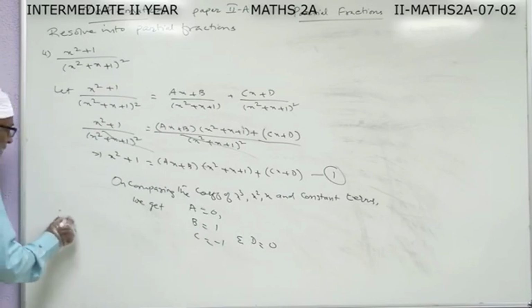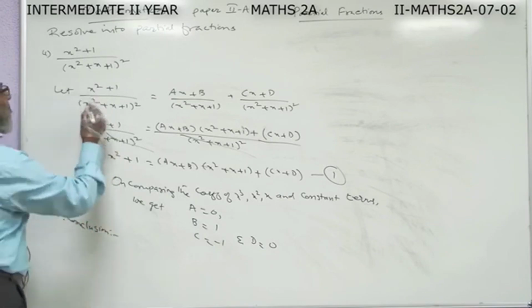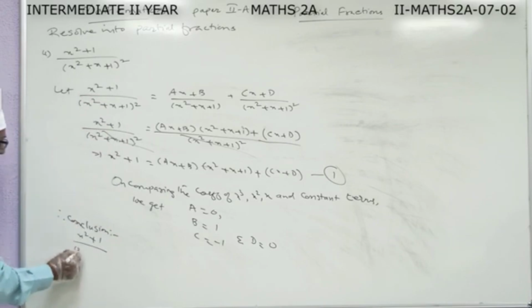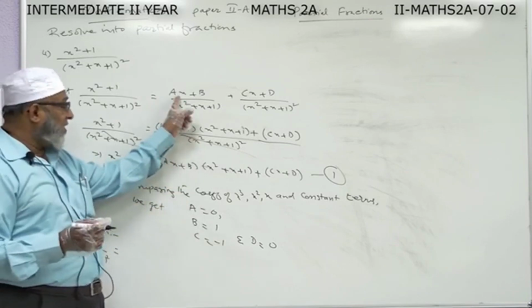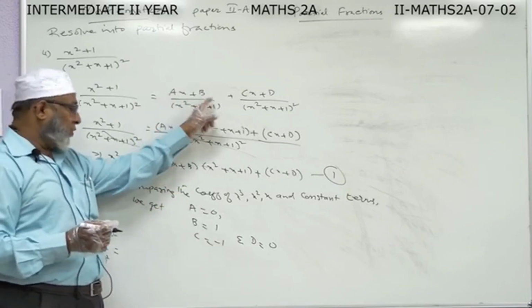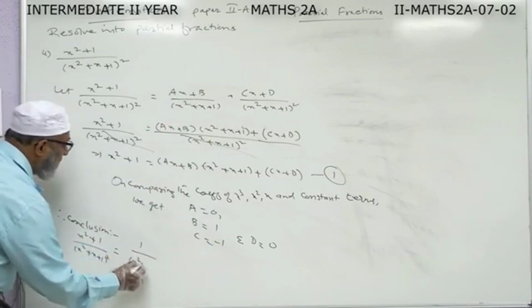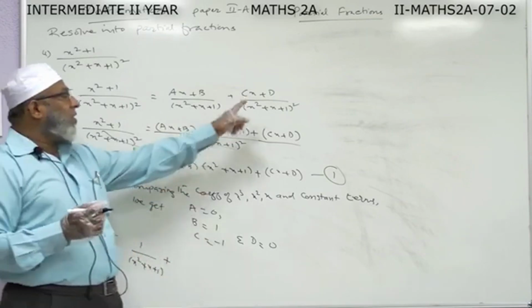Therefore, my conclusion is x square plus 1 divided by x square plus x plus 1 whole square is equal to ax plus b. What is a? 0. 0 into x is 0, plus b, 1, that is 1 by x square plus x plus 1 plus cx plus d, d is equal to 0.